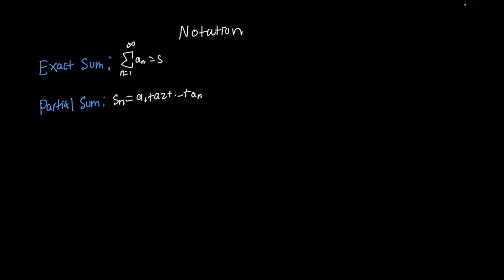Lastly, we have the error or remainder, which is your actual sum minus your partial sum. This is the amount that we are missing after stopping on the nth term.